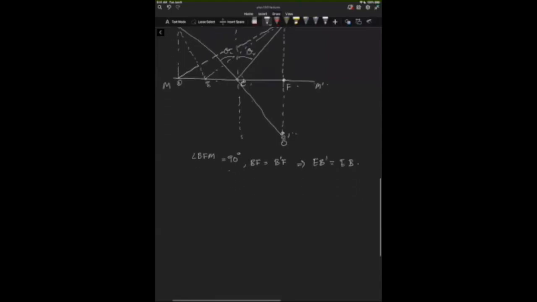Let's call the point where B and B prime intersect the mirror F, okay? If you want to make it more formal, since angle BFM is equal to 90 degrees and BF is equal to B prime F, you immediately see that EB prime must be equal to EB, because they're just the hypotenuse of those triangles, EBF and EB prime F. So this just proves the statement that I made earlier for any point.